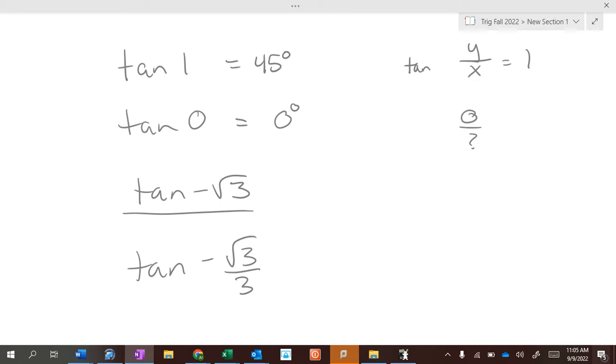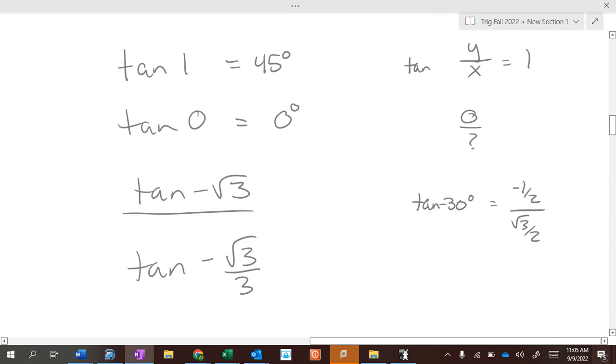So which one should we try? Negative 30. So at negative 30 degrees, what's my y value? Negative 1 over 2. What's my x value? Square root of 3 over 2.